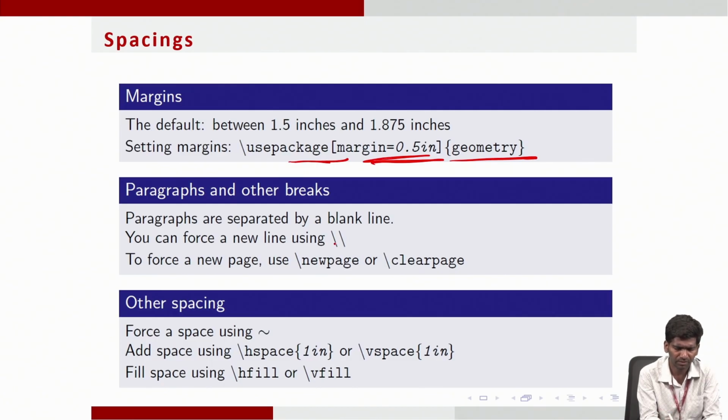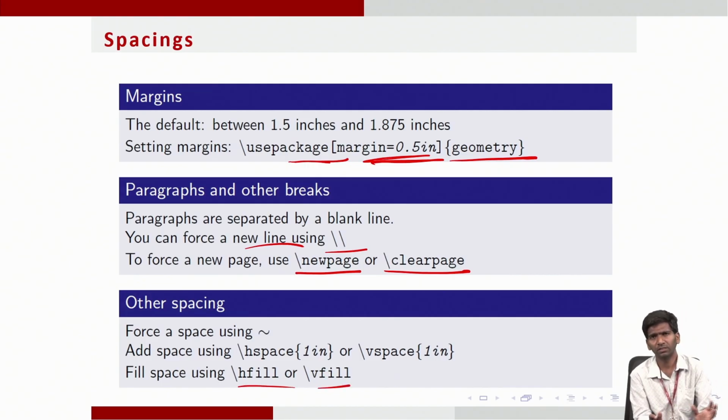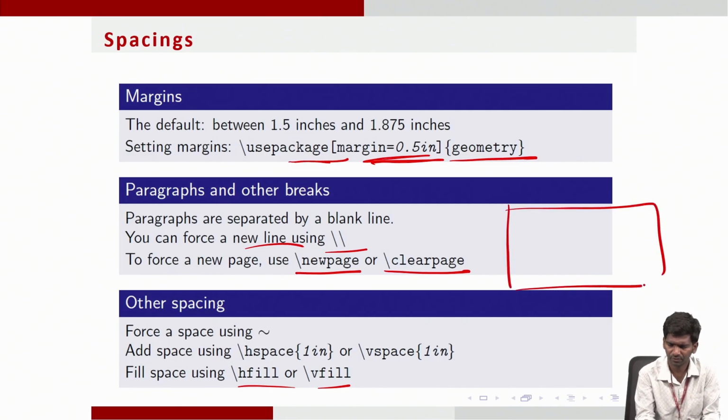In a similar way, for a new line you can use double backslash, for a new page \newpage, for clear page \clearpage. And there are \hfill and \vfill for horizontal and vertical space for aligning your text. So this is your screen size. If you want your text in this format, you need to use hfill, vfill, and decide how much space to give.